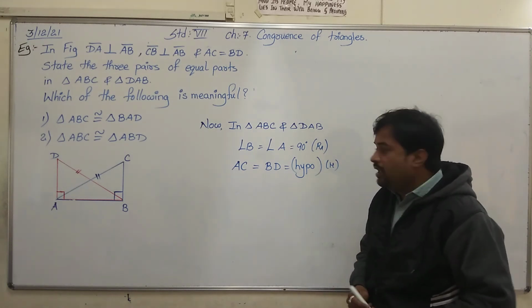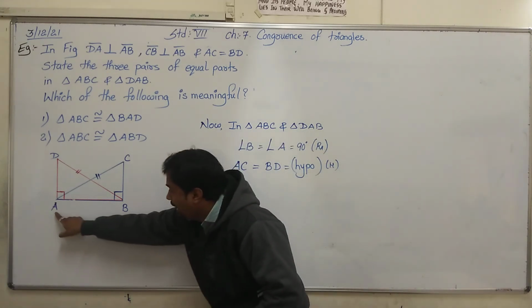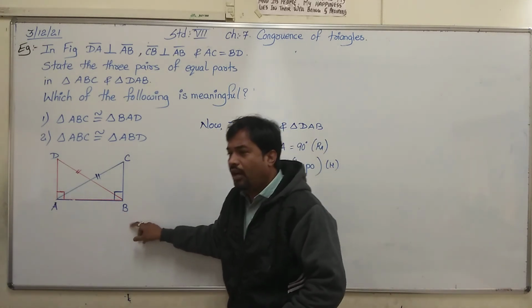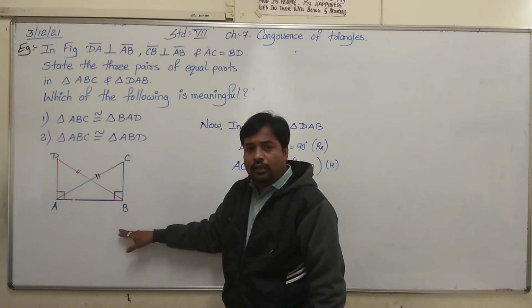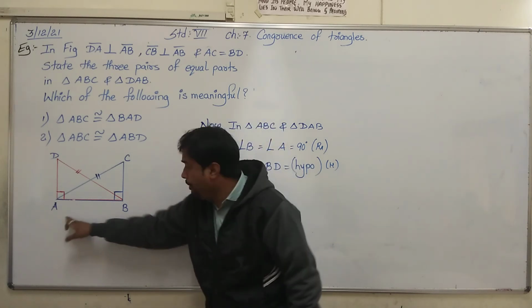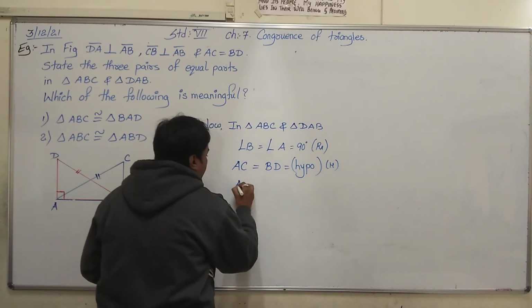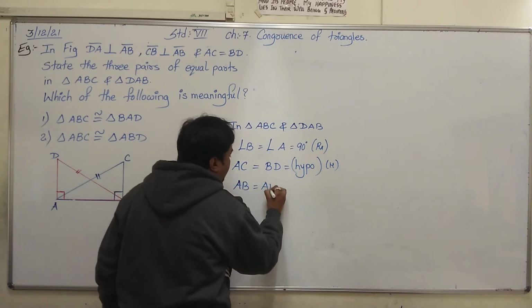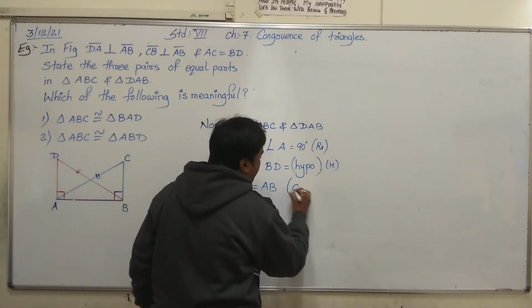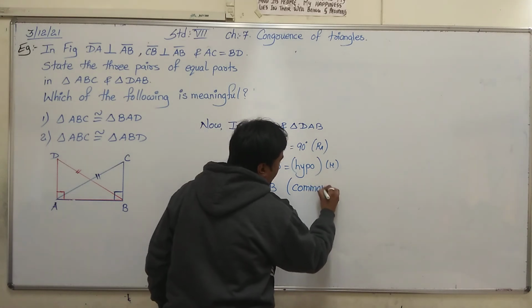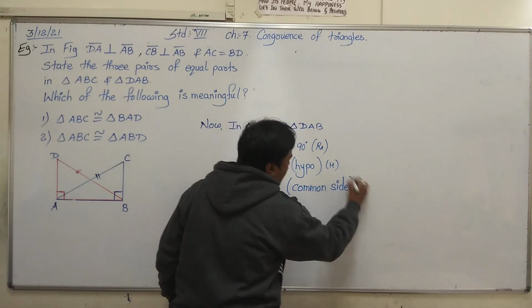And you can see that AB of blue one is same as AB of red one. So AB is same as AB. Reason? Common side.